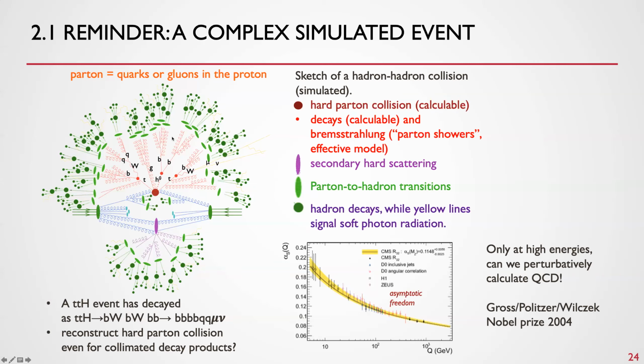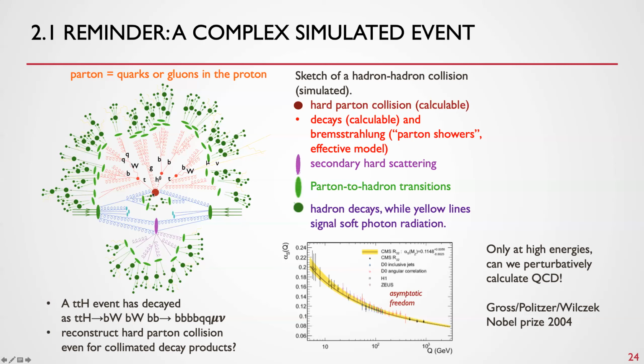Moreover, we don't produce these hadrons in their ground states in many cases. So in the parton to hadron transition, very often excited hadrons are produced, and those then de-excite on a short time scale, again producing, for example, photon radiation or other radiation.